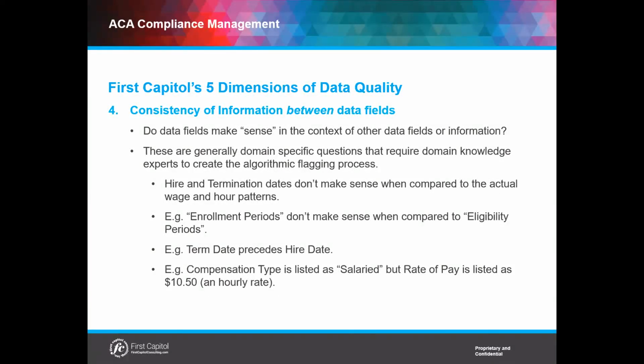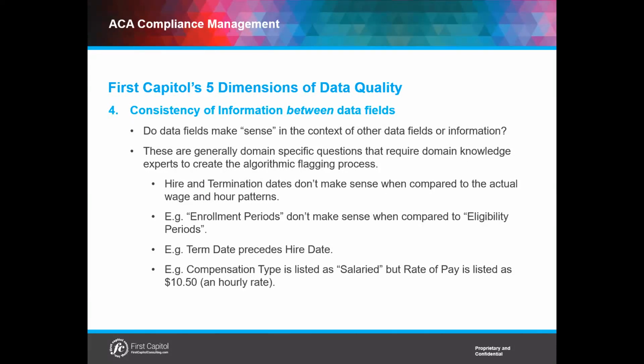Sometimes we see organizations, perhaps if they have a high proportion of variable hour employees, whose employees come and go, and they don't really track the rehire and re-termination dates, because they just have this sense that, well, the employee will leave for a few months and they'll come back.